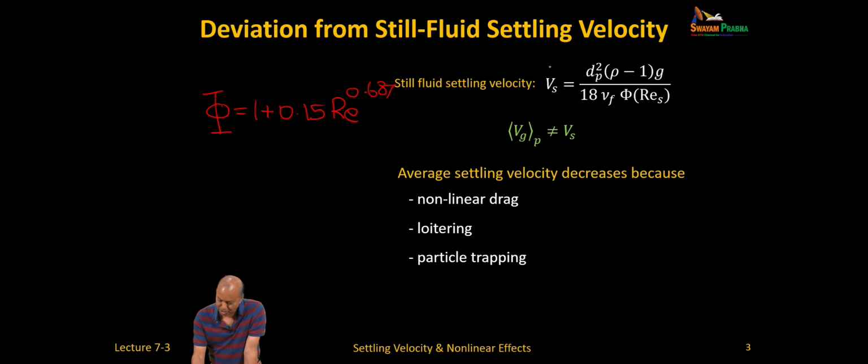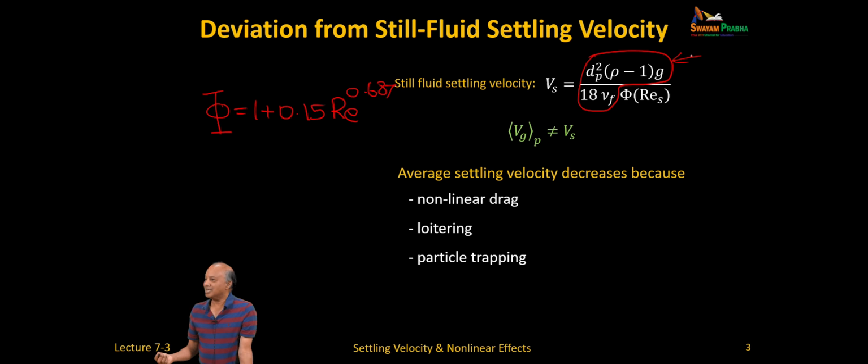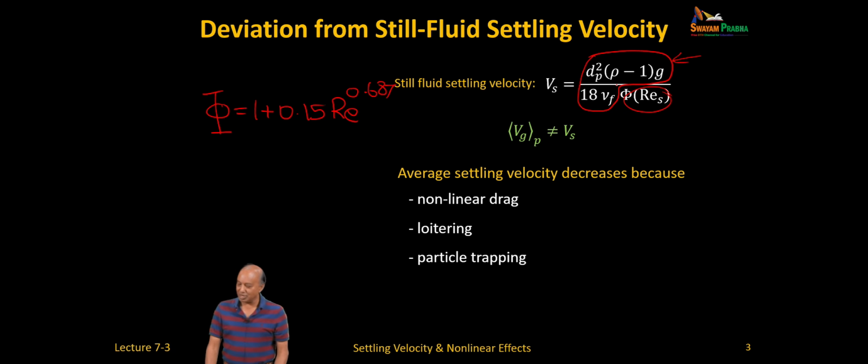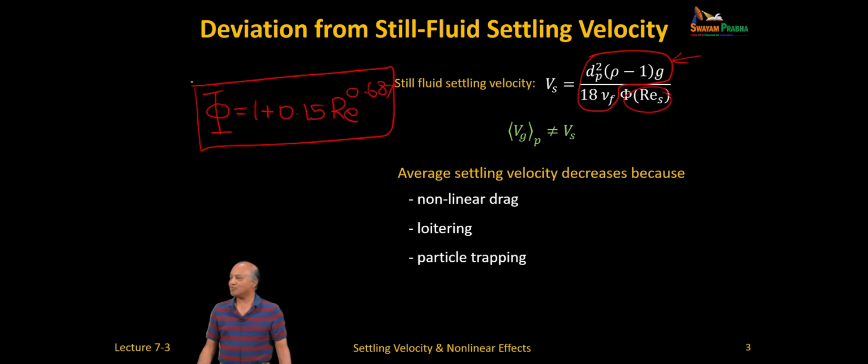This portion comes only from Stokes: this is the Stokes settling velocity, but it won't be accurate if your particle is settling at a finite Reynolds number. If you put in this correction, you will get a better estimate of the settling velocity. So the Stokes settling velocity is only good for very small particles. When the Reynolds number is very small, big phi becomes 1, so you need this correction only for finite Reynolds number.